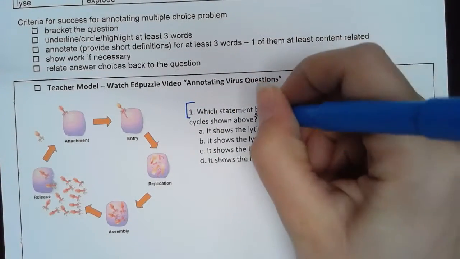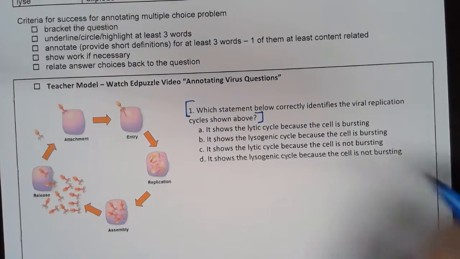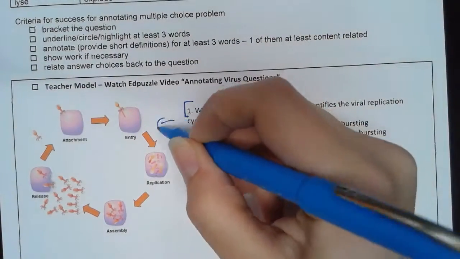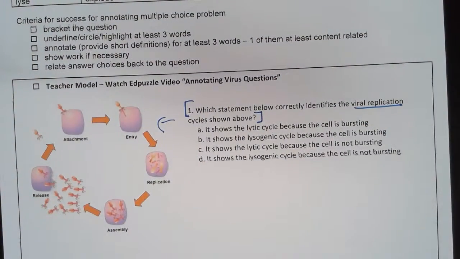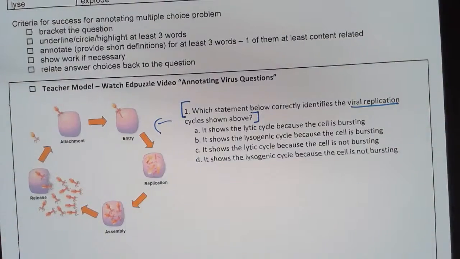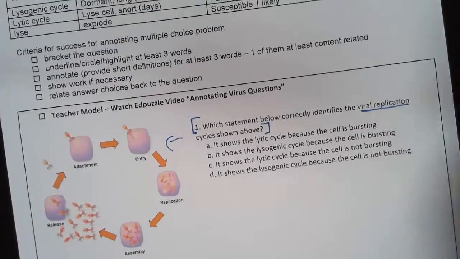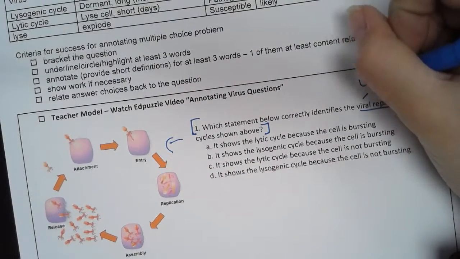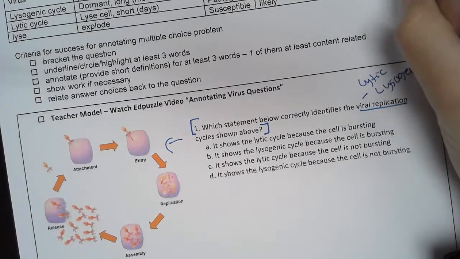Okay. I'm going to bracket my question. Which statement below, which is to the left, correctly identifies the viral replication cycles shown to the left. All right. There are two types of different viral replication cycles: the lytic and the lysogenic cycle.